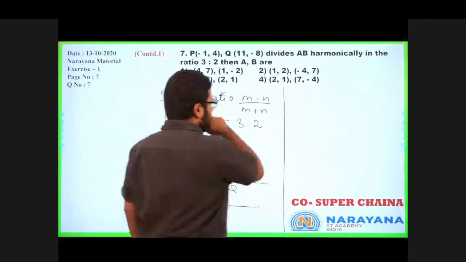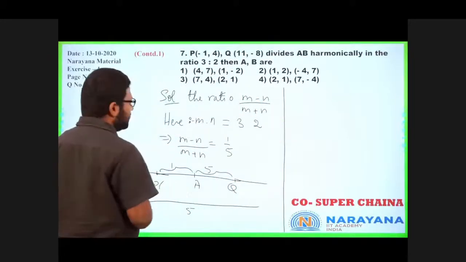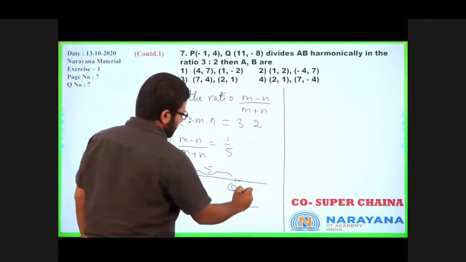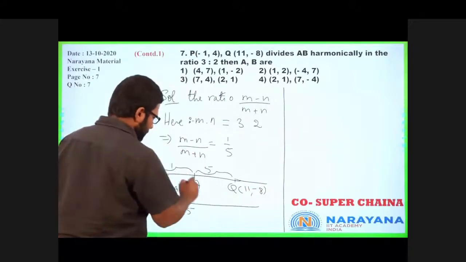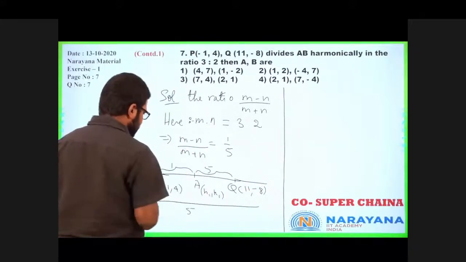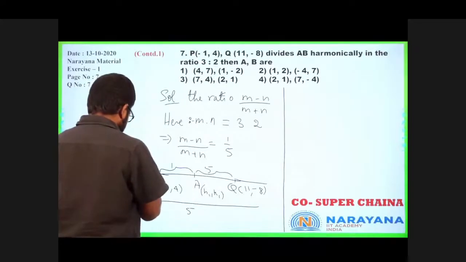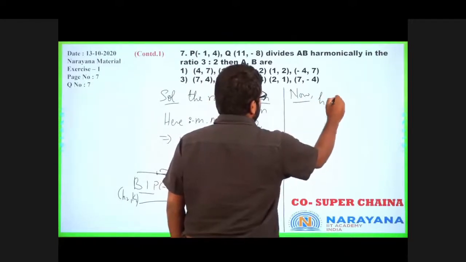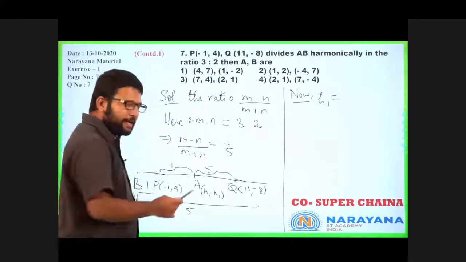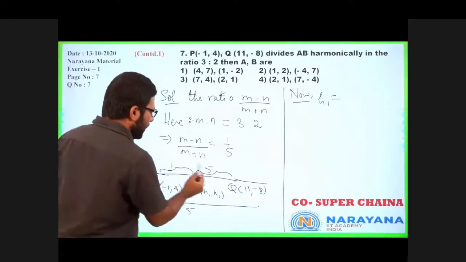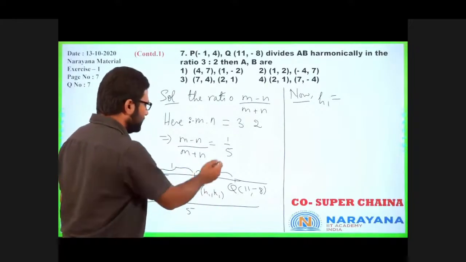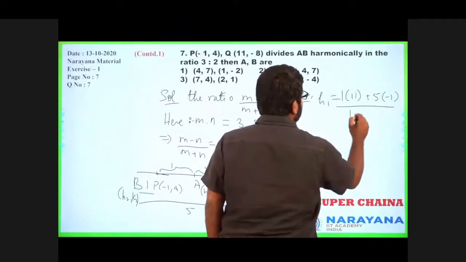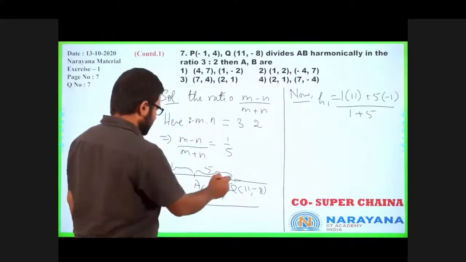So write coordinates of P (-1, 4) and Q is (11, -8), right? Call A as (h1, k1), B as (h2, k2), right? Now what will be h1? h1 is equal to, again apply your own section formula, right? 1 into 11 plus 5 into -1 divided by 1 plus 5, correct?